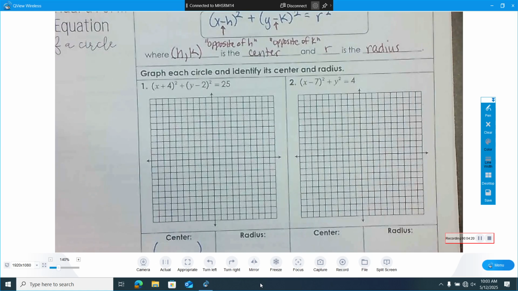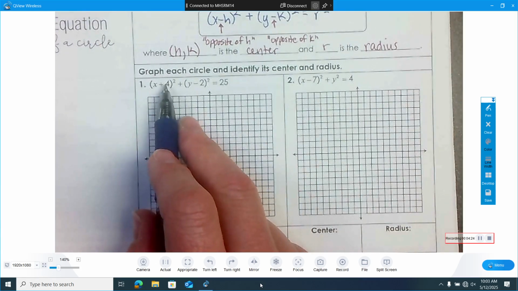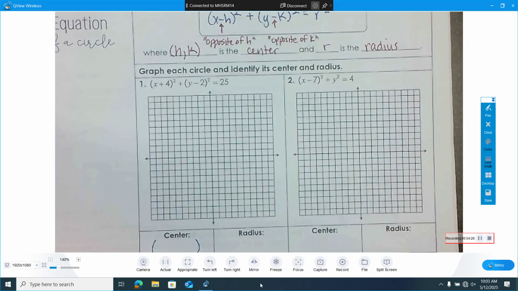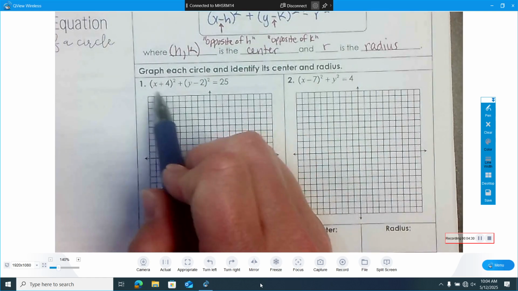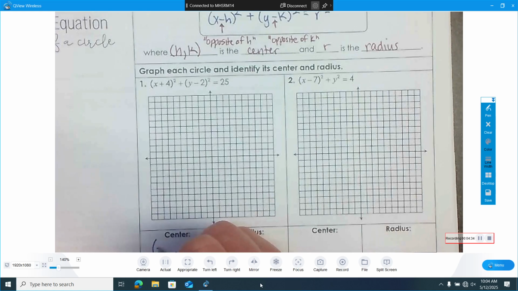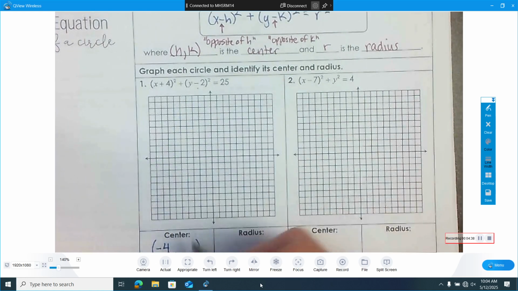It's negative 4, yeah. It's always opposite, just like when we double bubble and solve, the value turns to the opposite. So here, our x coordinate for the center is negative 4, and what's our y coordinate? Positive 2. All right, so it always appears to be the opposite.